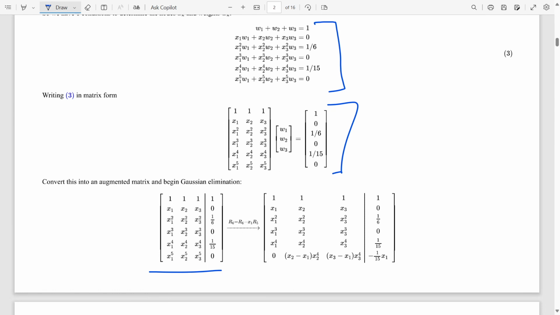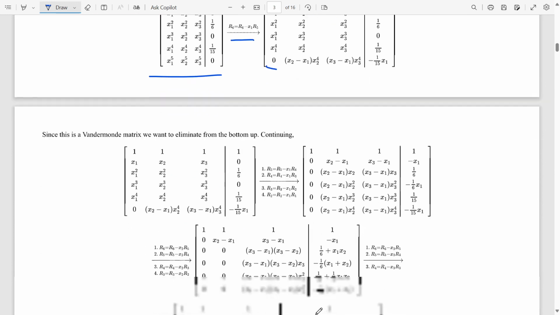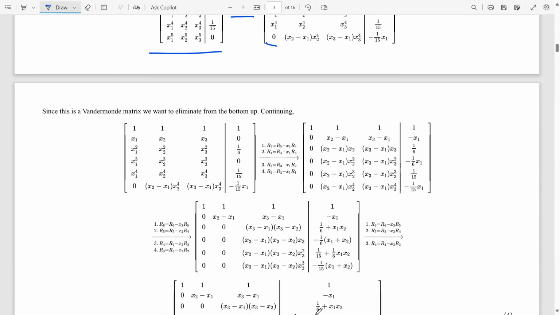For a Vandermonde matrix, the trick is to eliminate from the bottom up. Subtract x1 times row 5 from row 6 to produce a 0 here. Then work our way up the first column to produce 4 more zeros.